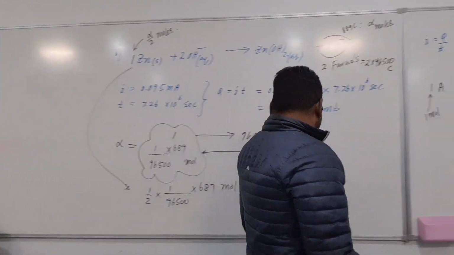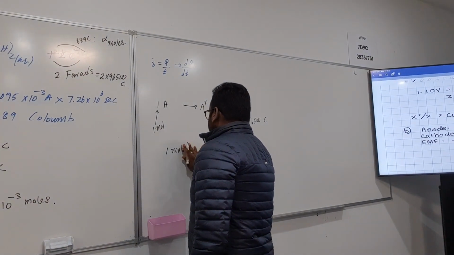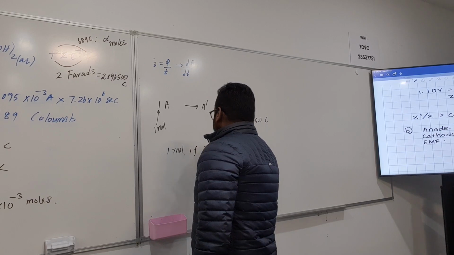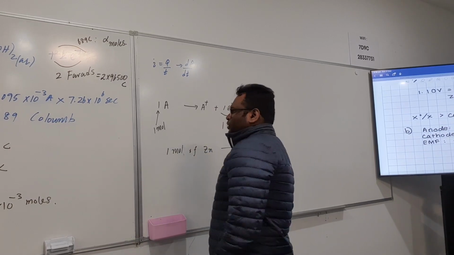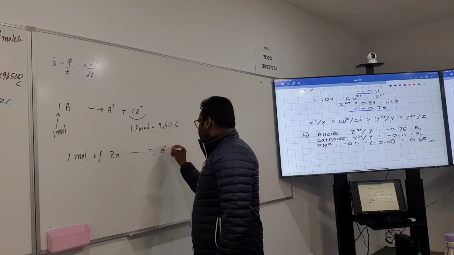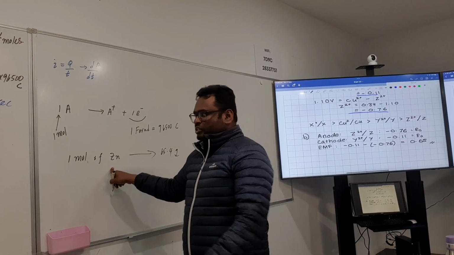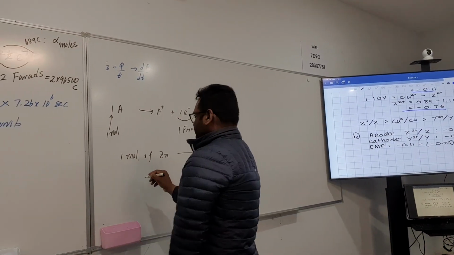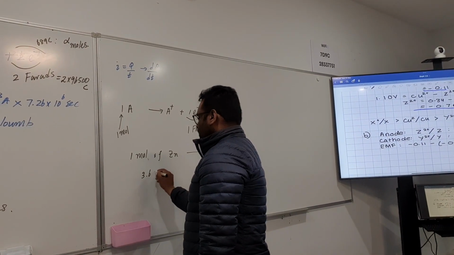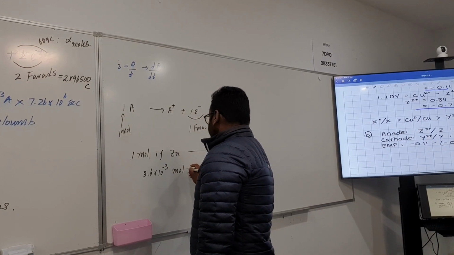So we understand that 1 mole of zinc corresponds to how much molar mass? 65.4 grams per mole. So how many moles are there now? 3.6 times 10 to the power of negative 3, right?